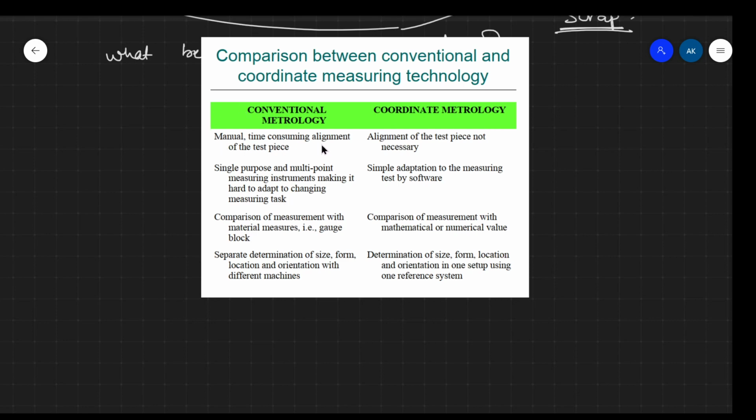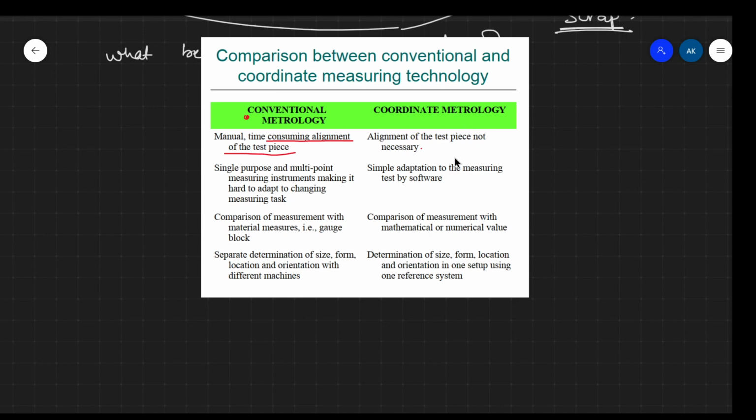Now, manual time consuming alignment of the test piece. In conventional metrology, there is a very big problem, that is alignment trouble. What is this alignment? Again, I will be talking about this in detail after some time. In coordinate measurement, alignment of test bed not necessary. Now, this is what I took from a book.